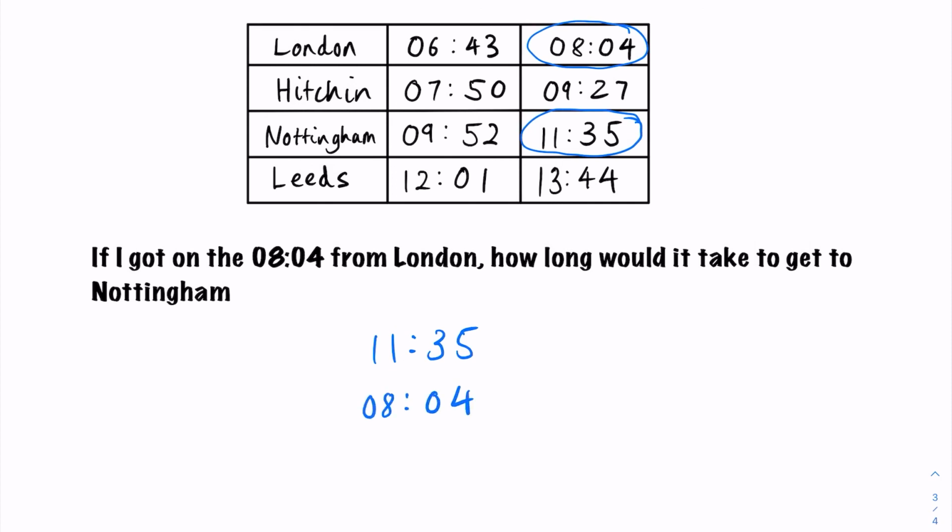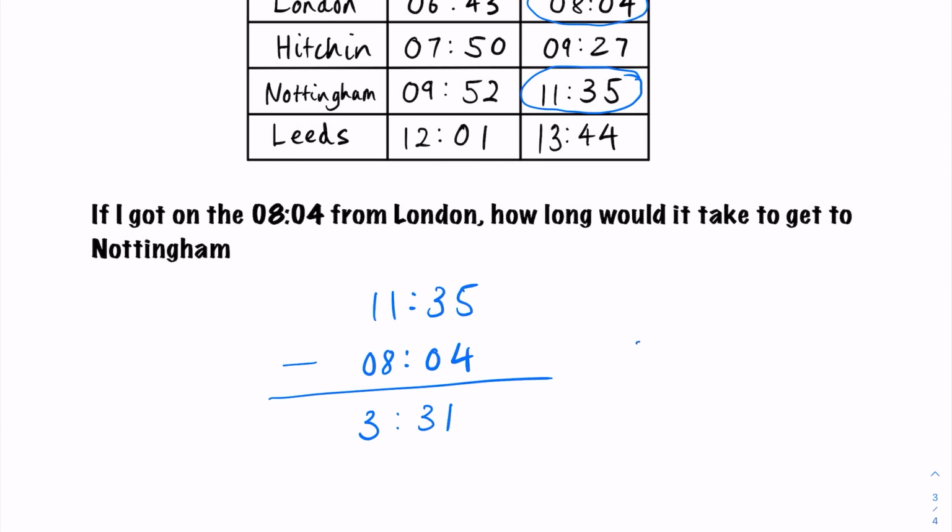And so what you can actually do is just subtract the first time from the second time. And again, you can just do this separately in hours and minutes. And that would be, well, 11 take away 8 is just 3. So it took 3 hours. And 35 take away 4 would be 31 minutes. So it took 3 hours and 31 minutes to get to Nottingham.